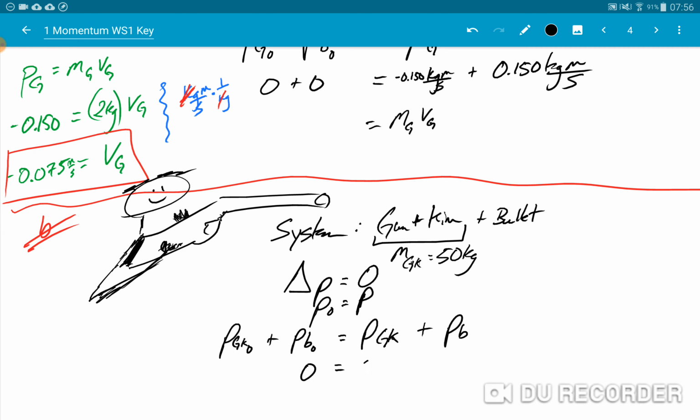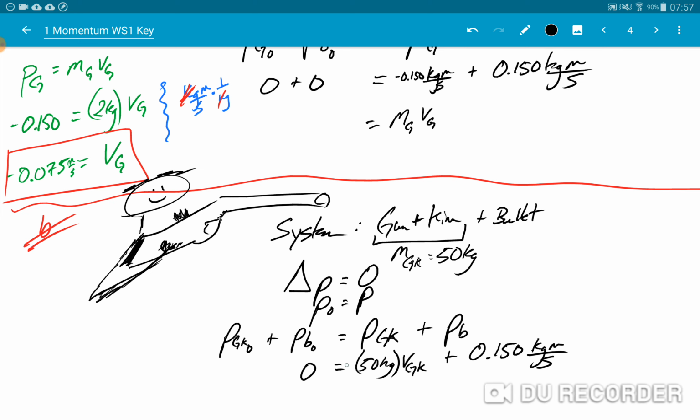Well, it's just going to be the mass of this thing times the velocity of the gun Kim system there, plus, we already know what this is. The bullet isn't going to be changing how fast it's coming out because I'm holding onto it differently. And so this, I'm going to use the same calculation we did before, is going to be 0.15 kilogram meters per second. So now I know what this thing is.